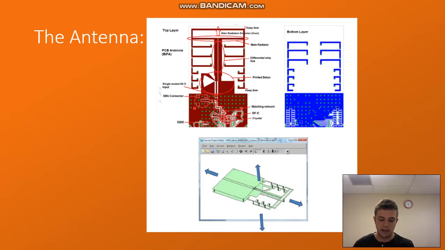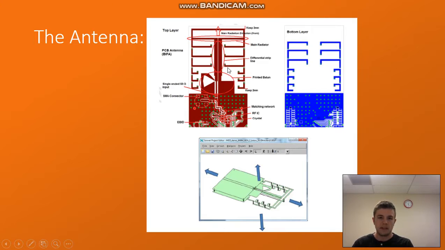And with the antenna, you have the main radiator, which is here, and that emits mostly along these branches, giving the main radiation plane along the arrows from the dipole antenna itself.